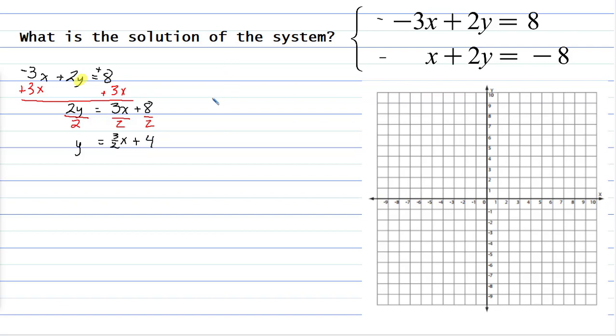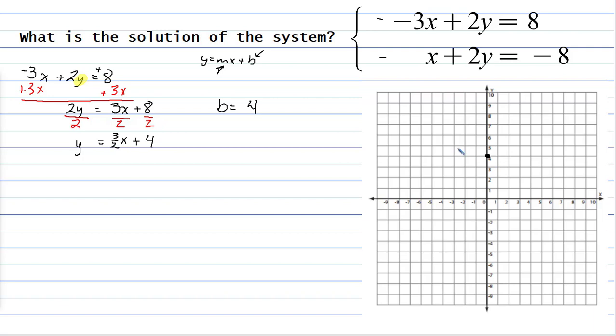So I'm going to graph this, and I need some pieces of information. I first need my y-intercept, the b from the y equals mx plus b form, b being your y-intercept, m being your slope. b was 4. So my y-intercept is 4.